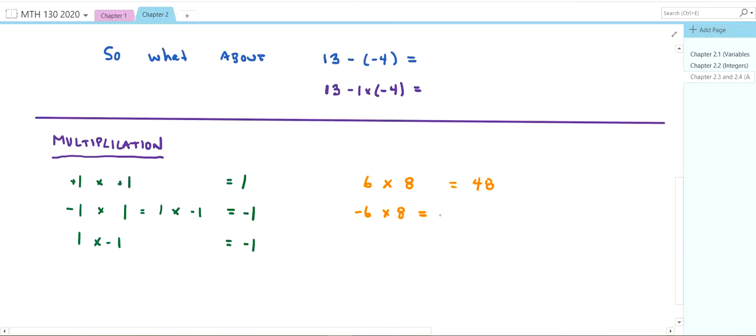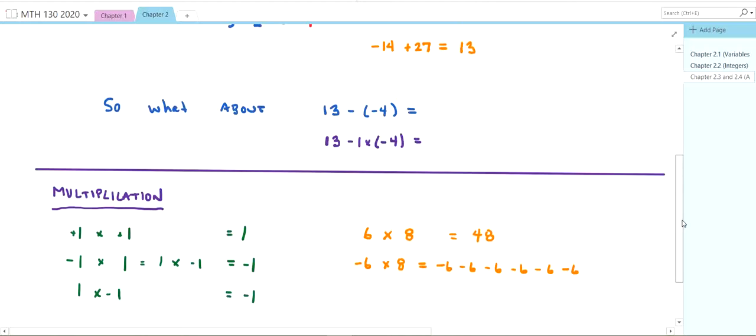Well, that's going to be kind of like minus 6 plus minus 6 plus minus 6 plus minus 6, 4, 5, 6.